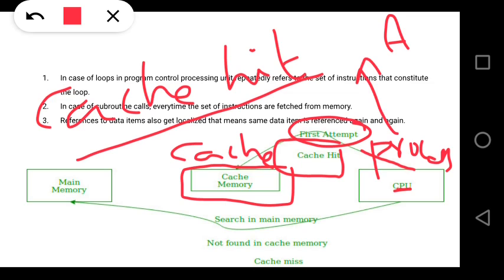So the cache is a memory. Why are we discussing cache in locality of reference? Because locality of reference is a phenomenon, a rule which can be implemented by cache. So the cache is designed solely to implement the concept called locality of reference.